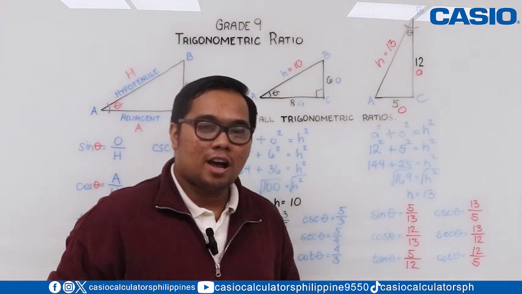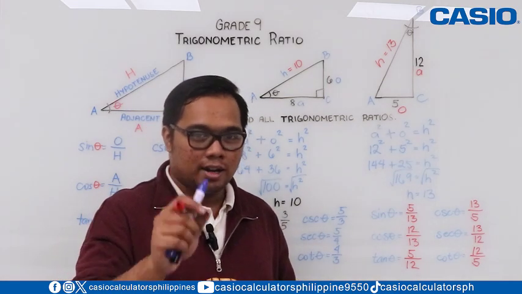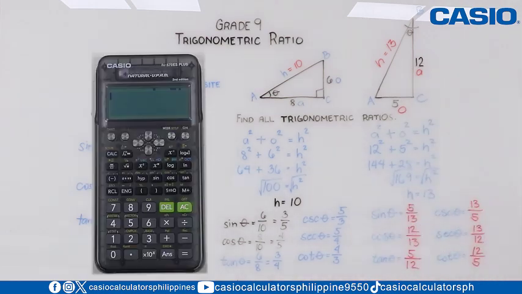And let's find out how we can solve it using our calculator. Now, let's apply our calculator techniques in our second problem. So take note that the reference angle now is angle B. So therefore, our adjacent side will be the side with a value of 12 and the opposite side which is 5.